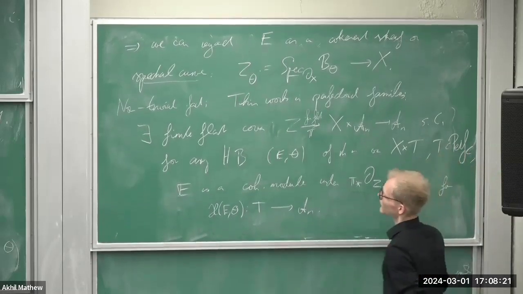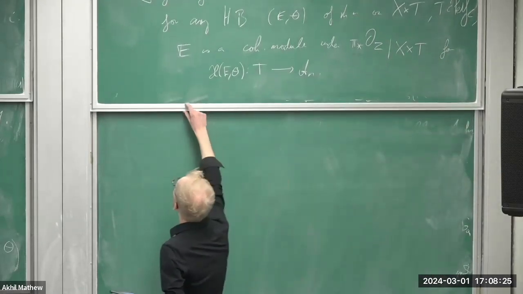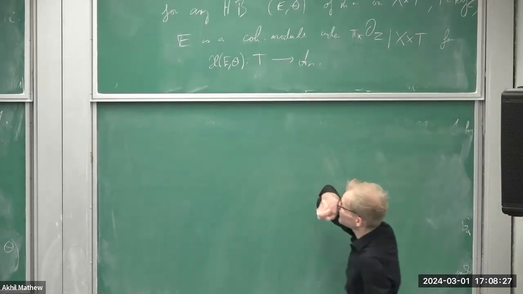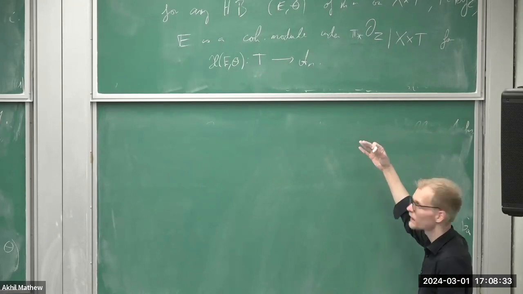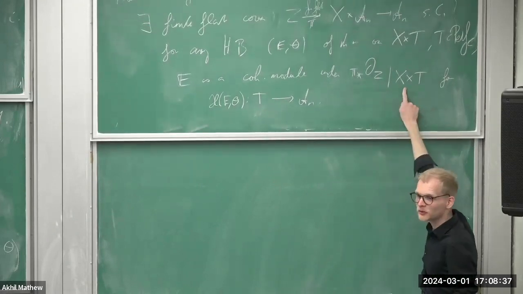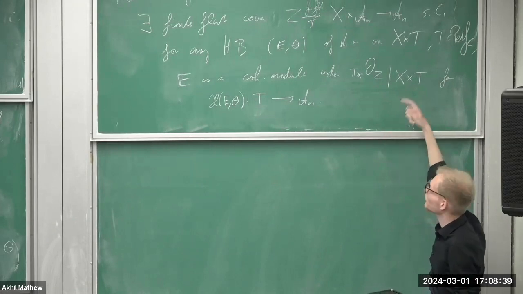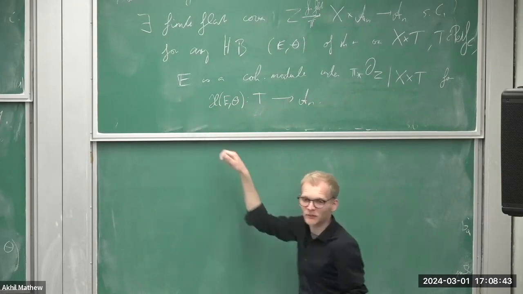Okay, and then why is this called abelianization? This is called abelianization because what we've done here is we've traded the non-commutative group GL_n for a coherent commutative algebra, and this thing is a module over it.